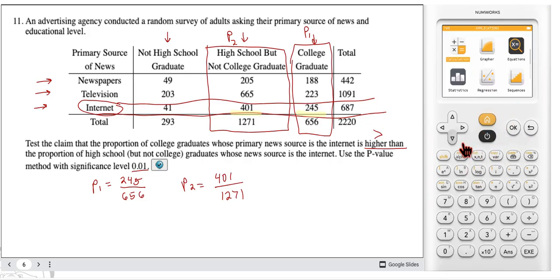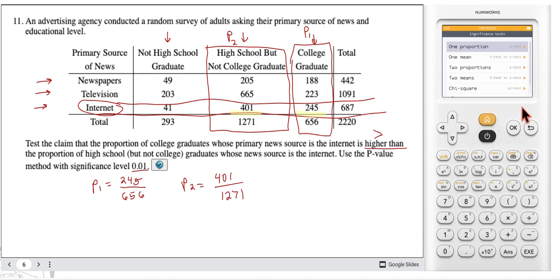We're going to come back here. We're going to go to inference. We're going to go to tests, and we're doing 2 proportions. The null hypothesis is always that the difference is equal to 0. This is where we get the alternative. The alternative is that the proportion of college graduates is higher than, greater than, so when we read it that way, we set it up here.